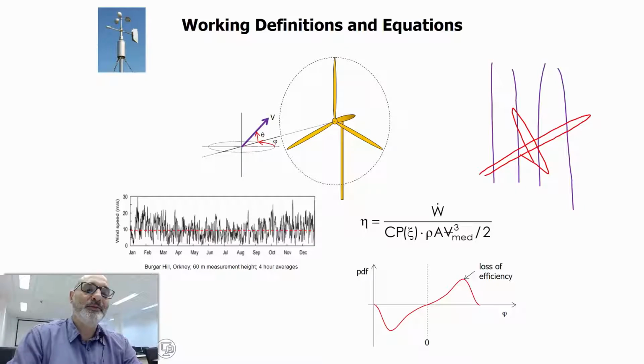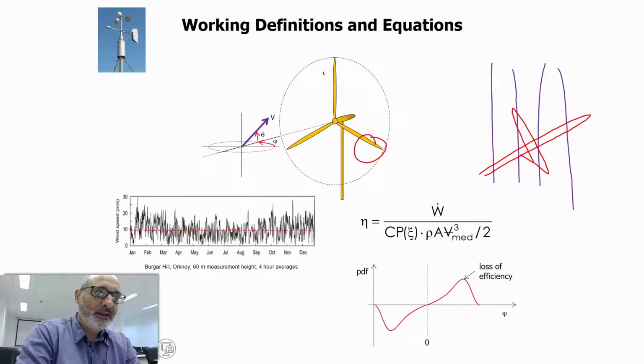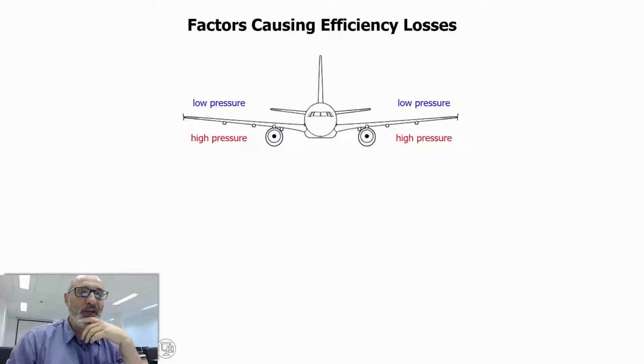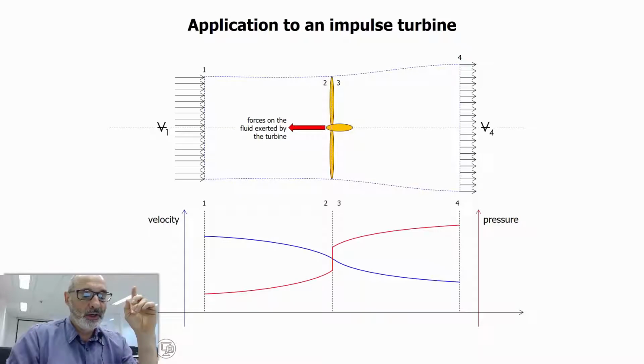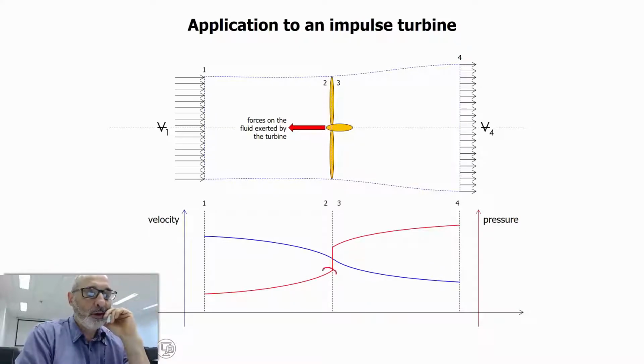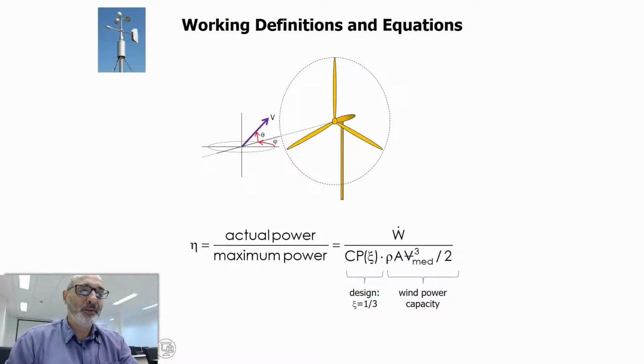You have other types of effects, for instance what we call wingtip effects. I'm going back a few slides: these blades are exactly like airplane wings. You have high pressure here and low pressure here, and the difference is exactly the propulsive force.